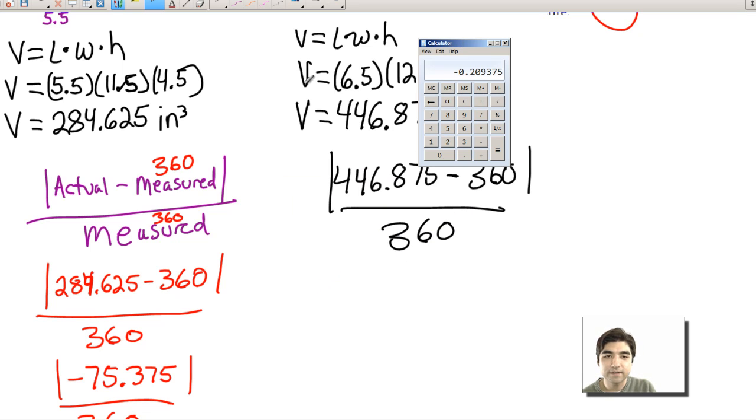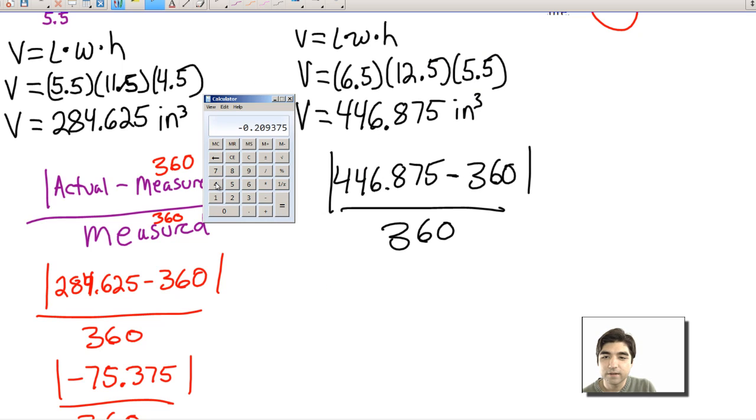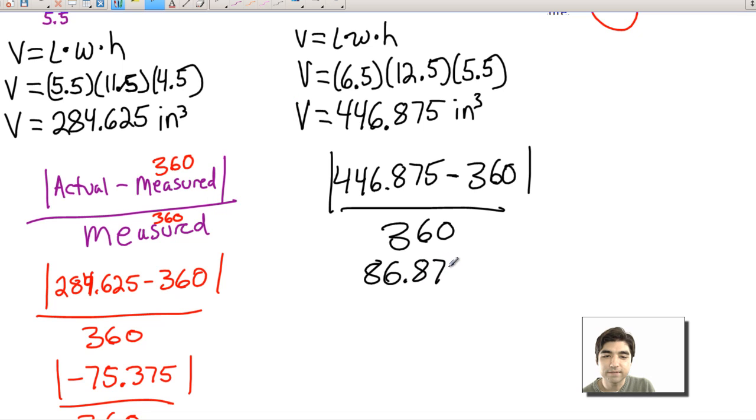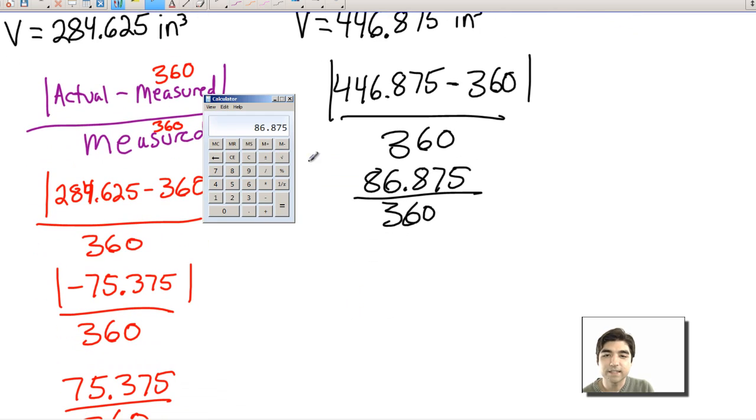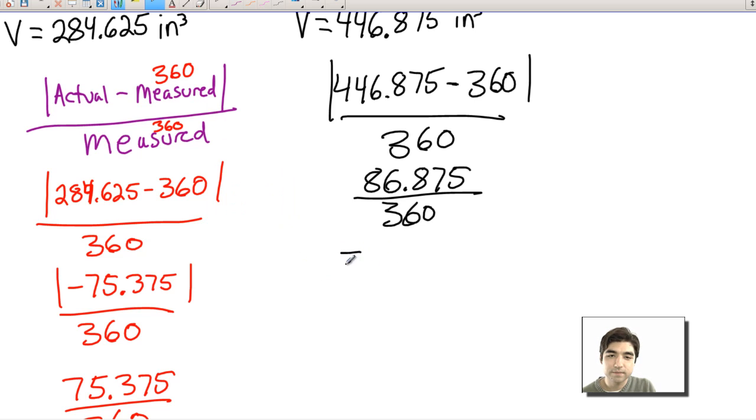Alright, get our calculator out, and we have 446.875 minus 360 equals 86.875 divided by 360. Now we need to take that number divided by 360, and that equals 0.241. Change that into a percent.